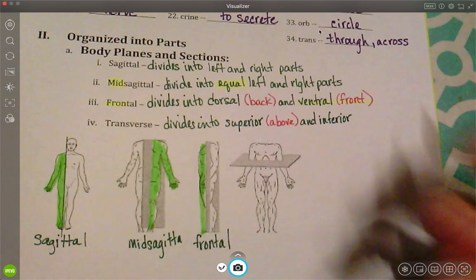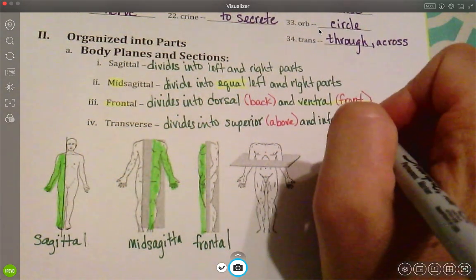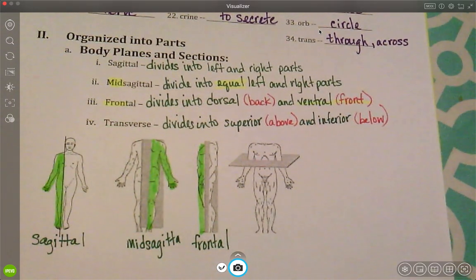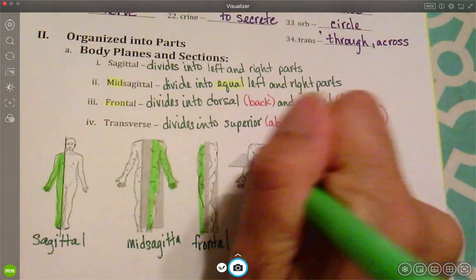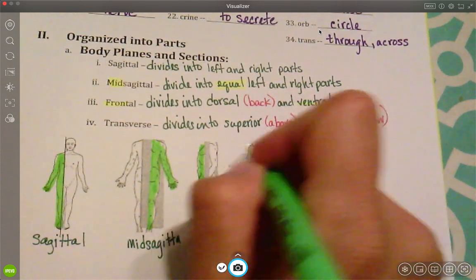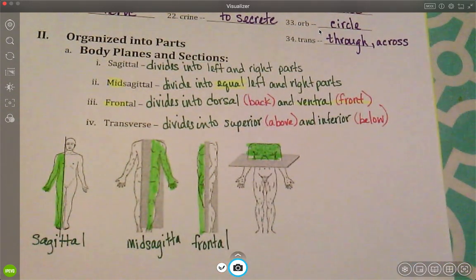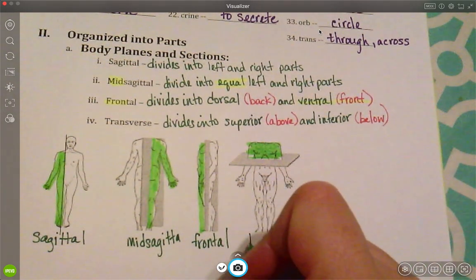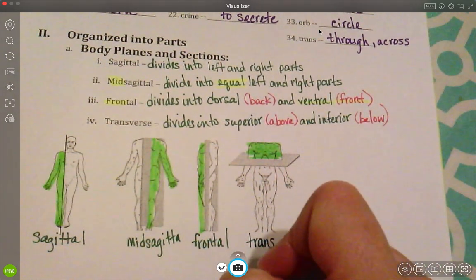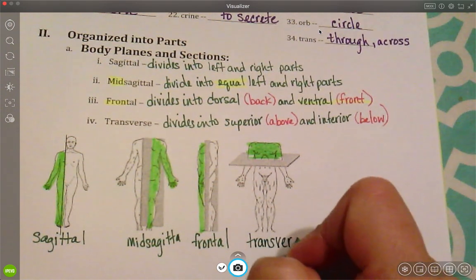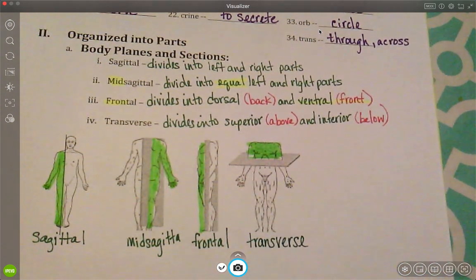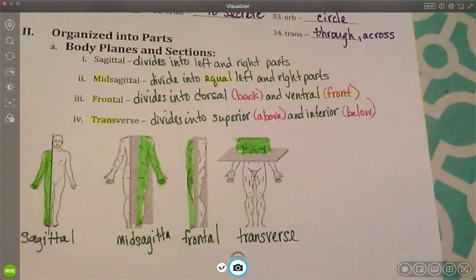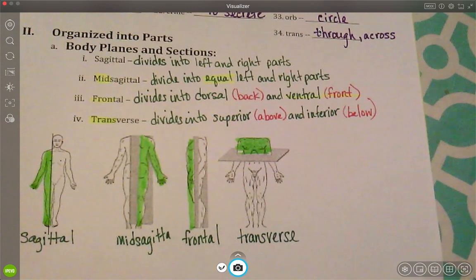And inferior means below. Okay, color in your picture. So we're dividing it into two different sections. We're going to label it as transverse, and we're going to highlight that med-term word for trans being through or across.